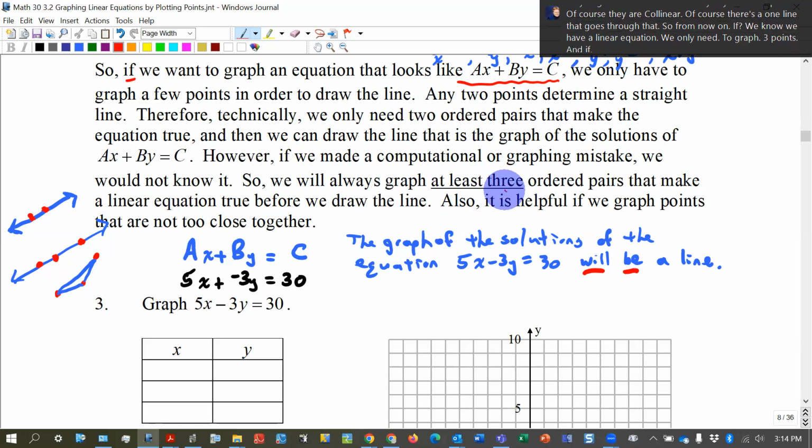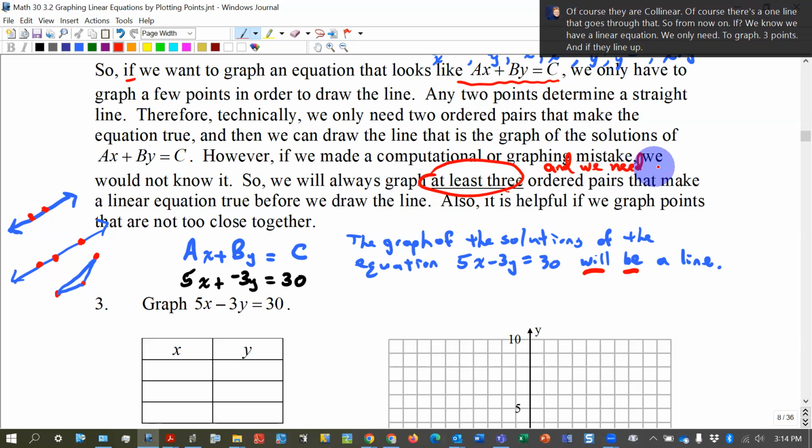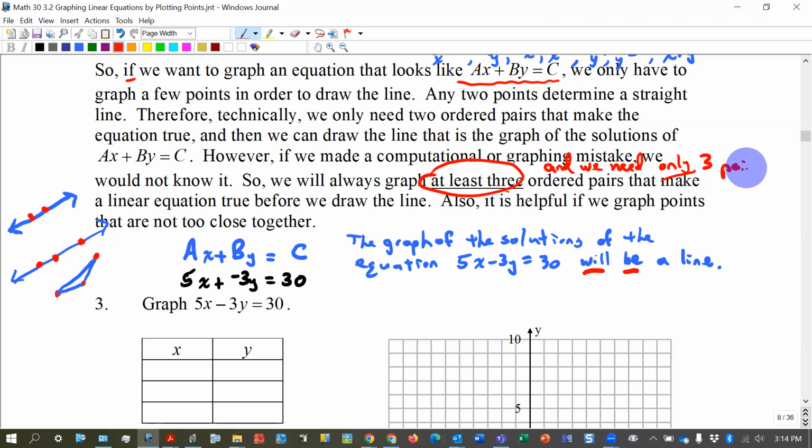And if they line up, then we know our picture is correct.